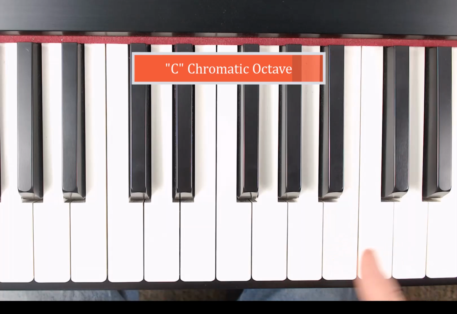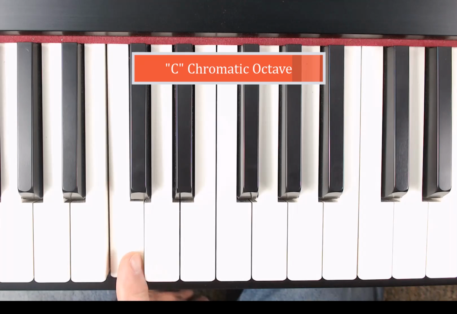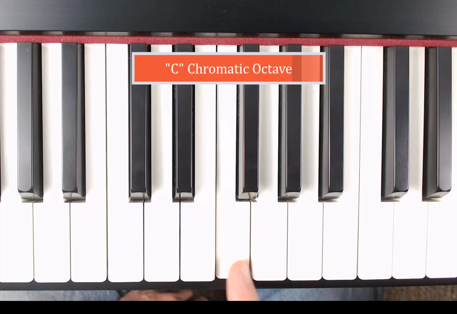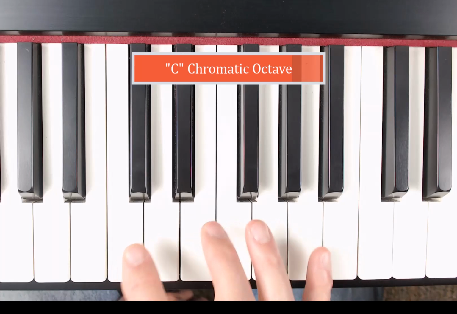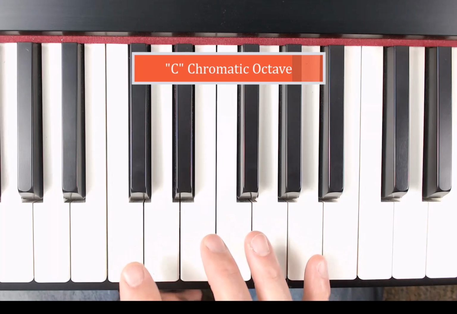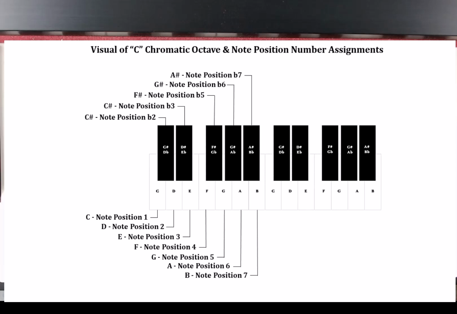So when all is said and done, all the whole numbers in this example, and this is the only time this works, is in the key of C, or the C chromatic octave. This is 1, 2, 3, 4, 5, 6, 7. So all those examples you see make it easy if they're using C as the example, and that is a good teaching platform.